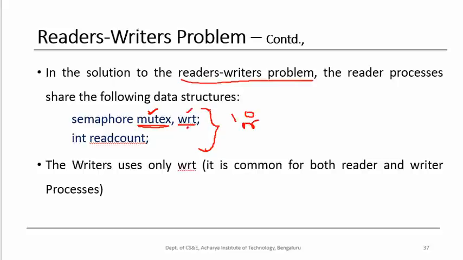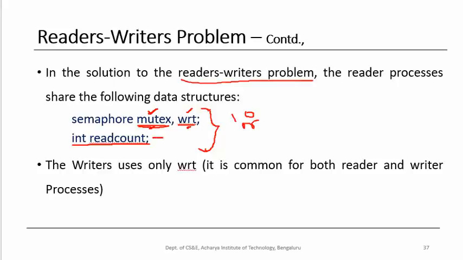This WRT is shared among all the reader processes and the writer processes, whereas this mutex is shared among the reader processes only, and this read count is a shared variable that is manipulated by the readers. Why is this required?